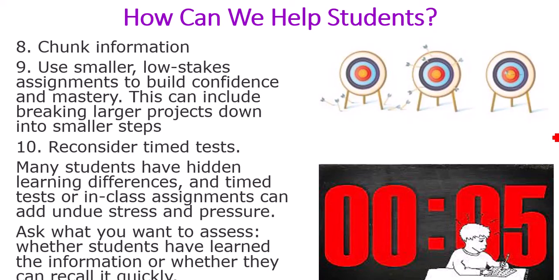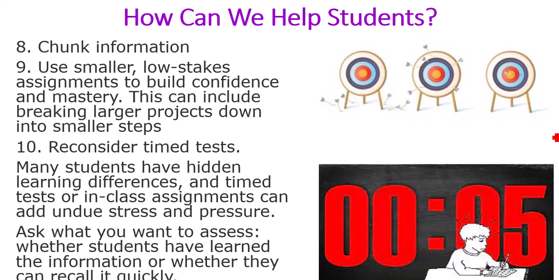For example, I have a relative who is brilliant, really brilliant, but they will not, during family gatherings, play any games where there's anything timed. If we have a trivia game with a timer, they won't play that. But they can explain to you complex theories about just about any subject you want, whether that's theoretical physics or literature.